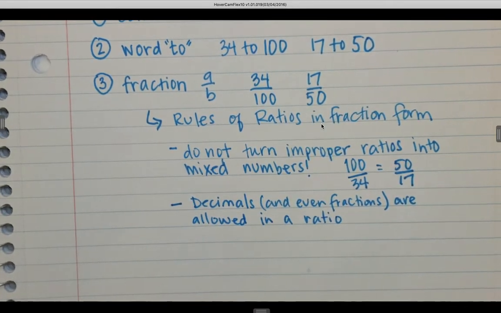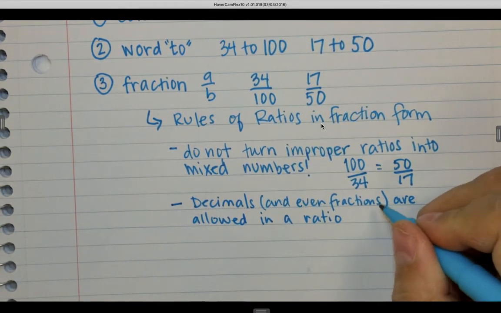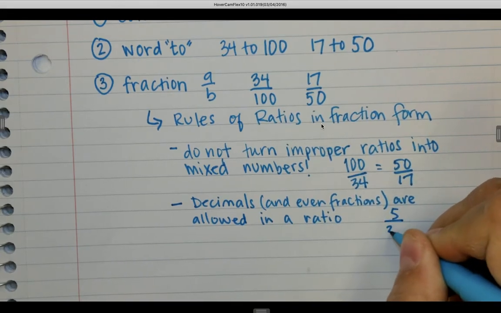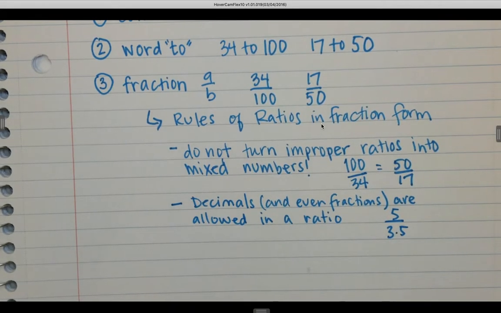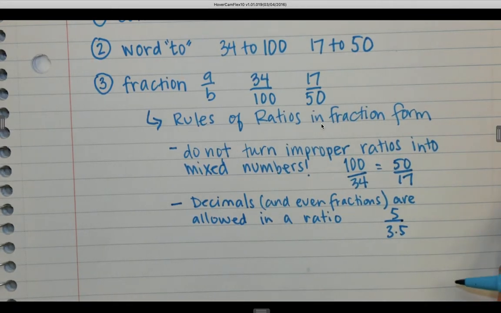So for example, I can have a ratio that reads 5 to 3.5. And I think the biggest difference when we read a ratio is that this bar, instead of saying out of, like 50 out of 17 or 5 out of 3.5, we use the word to.